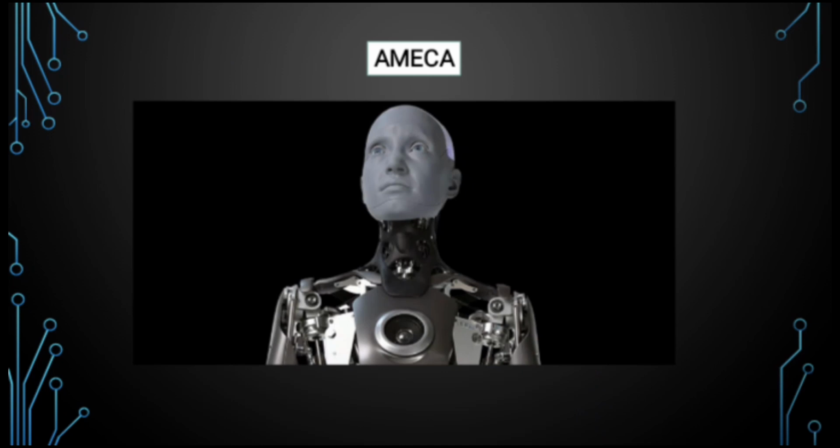Another example, Ameca, is the world's most advanced humanoid robot. According to its creator, Engineered Arts, it has a human-like face and body and can make a wide range of facial expressions and movements. Ameca is able to make different facial expressions, which is ideal for customer interaction.